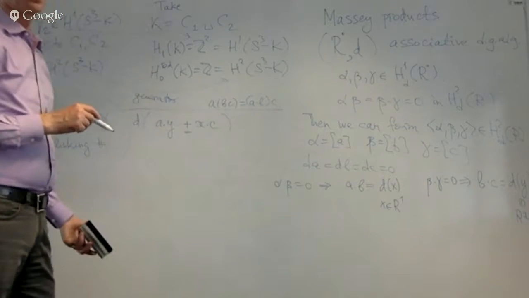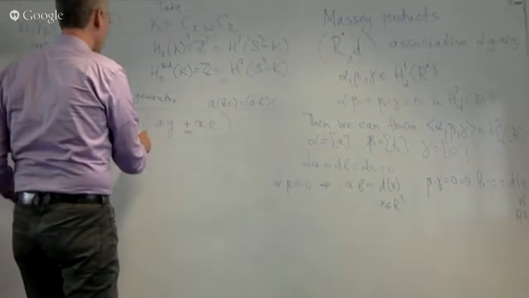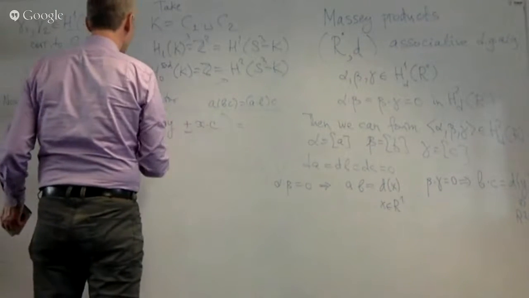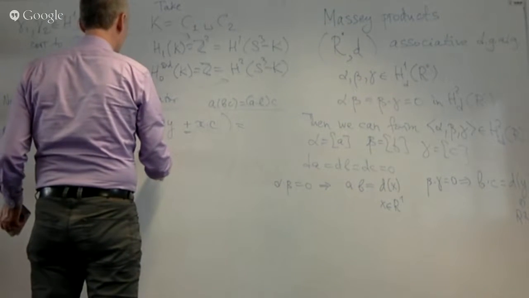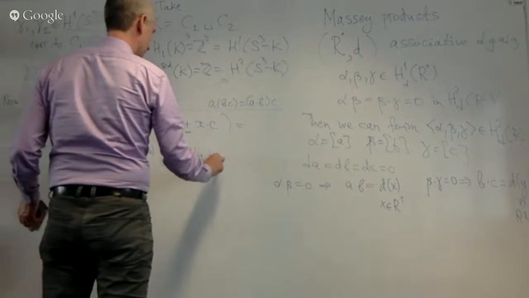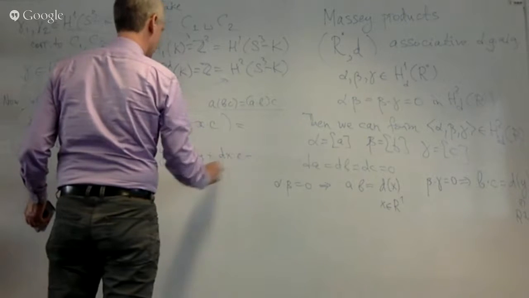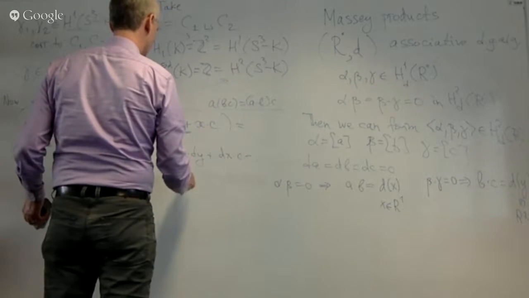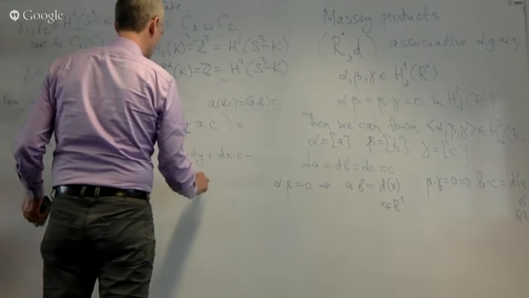Well, we can check. So d of this equals dA times Y minus A dY plus dX times C minus X times dC.